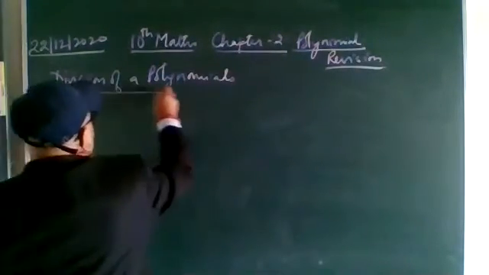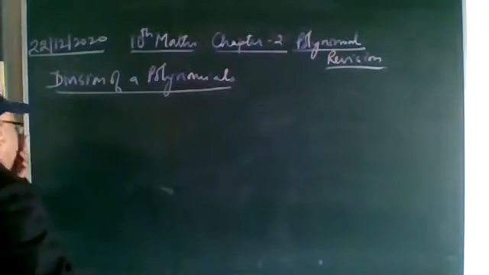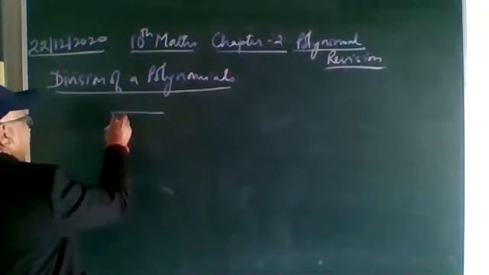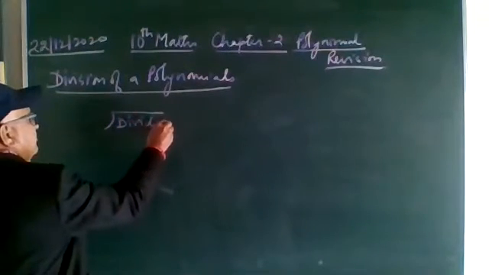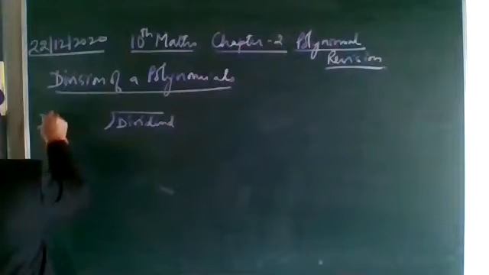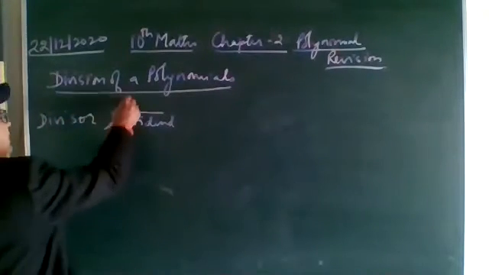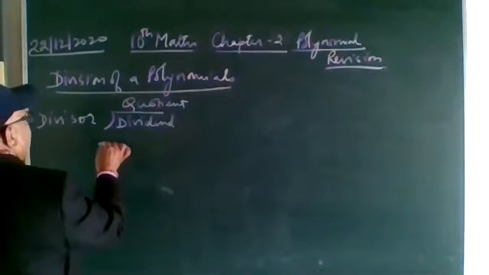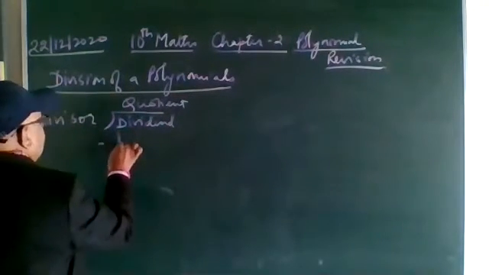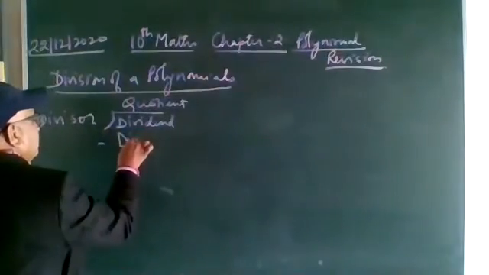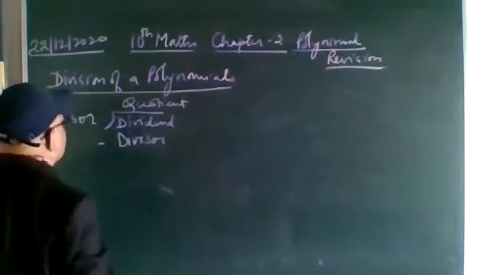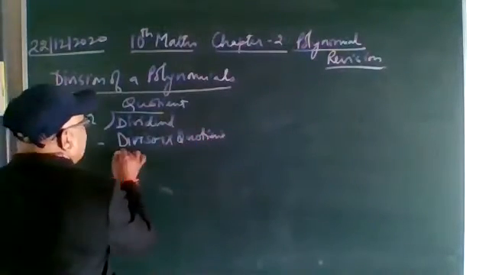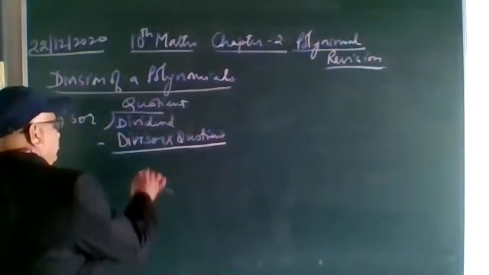When we talk about division of polynomials, what comes to mind is the dividend, the divisor, then how many times it goes, the quotient. When we divide, divisor into quotient, and when we subtract, you get the remainder.